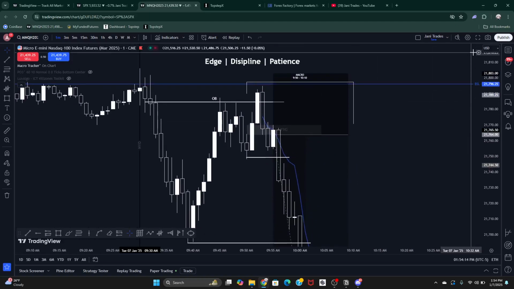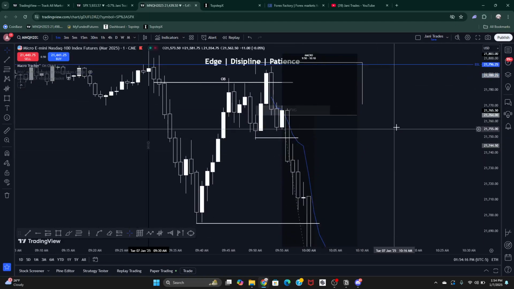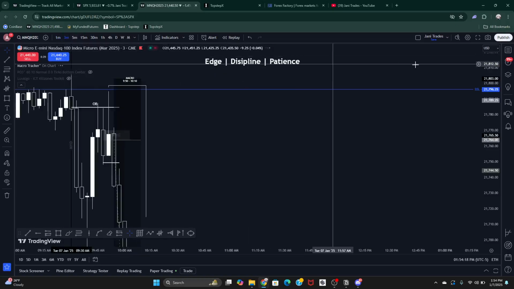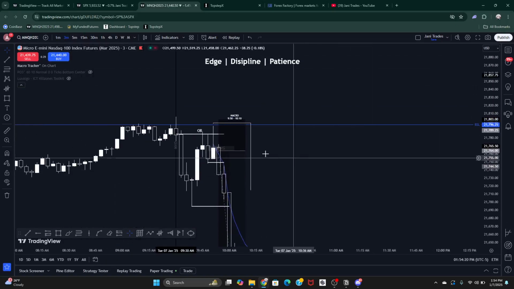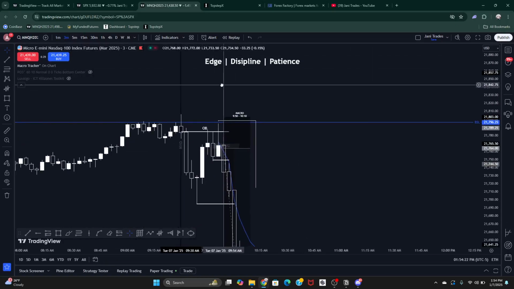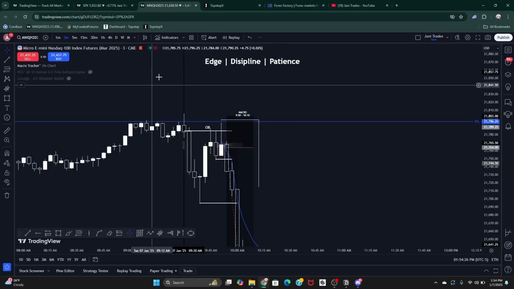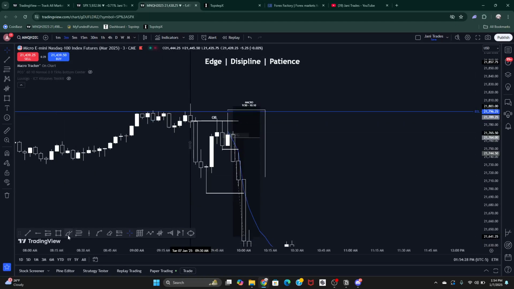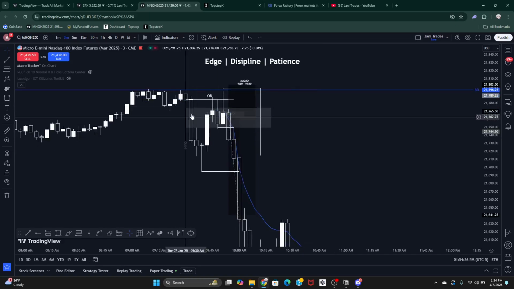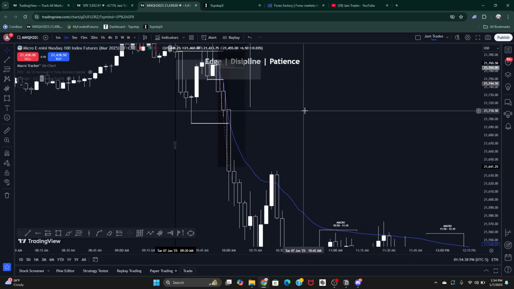On the 3 minute, I really just wanted to use this whole order block. And then we had a fair value gap right above it, literally marked out. Everything was respected off of that fair value gap, actually.